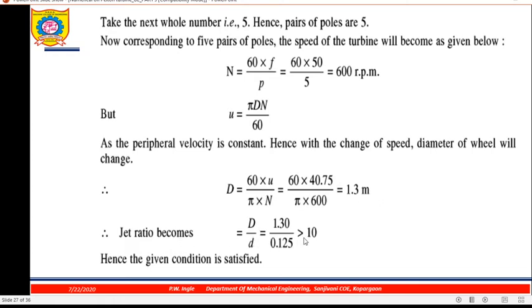And jet ratio is more than 10. So first they calculated 600 rpm by considering number of poles 5, but U is pi d N by 60, so by using this the revised diameter is calculated. It is 1.3 meter, and jet ratio D by d is more than 10, so the given condition is satisfied.